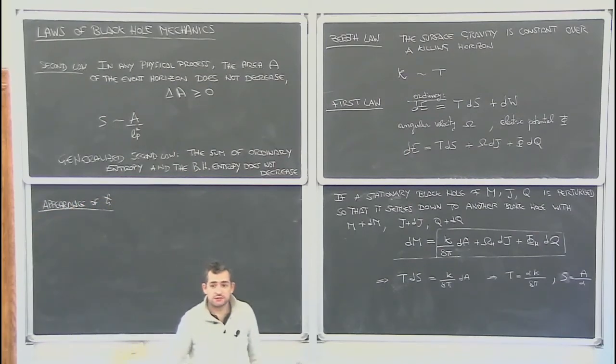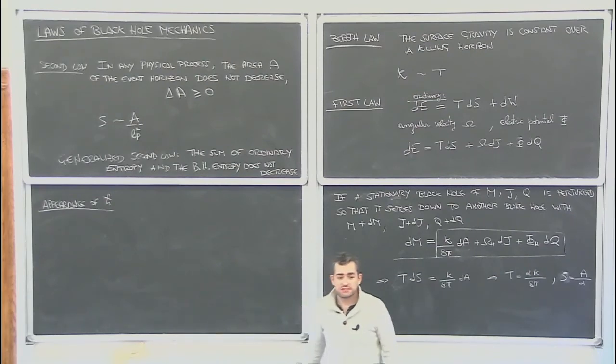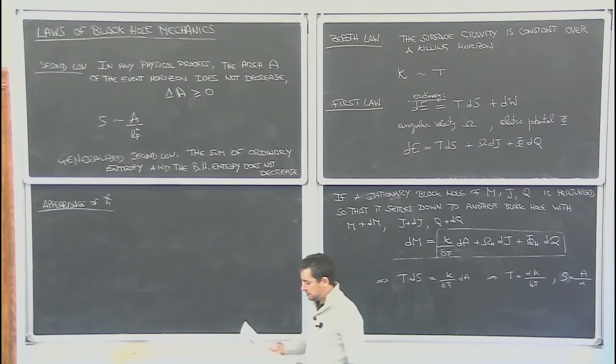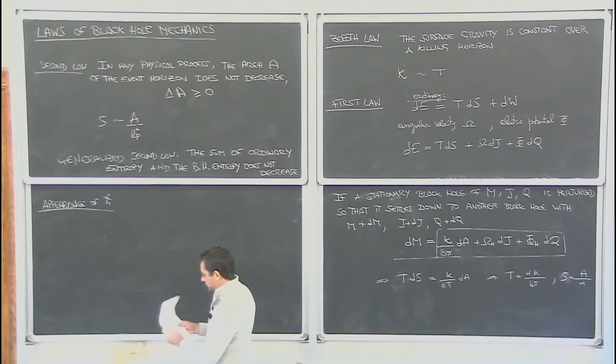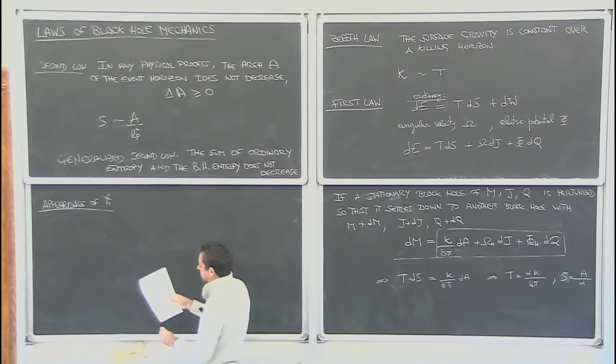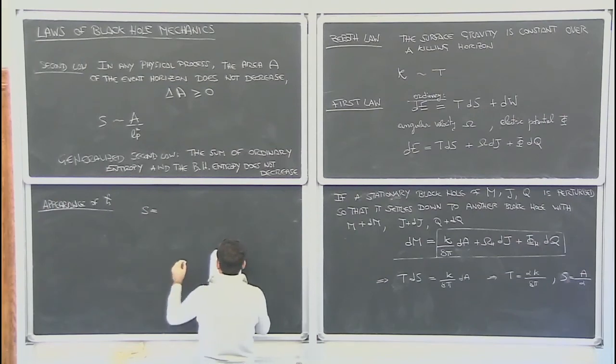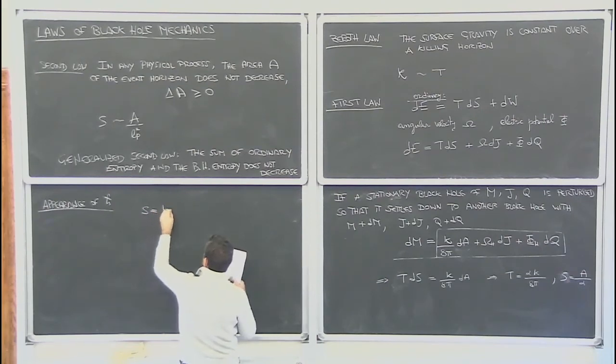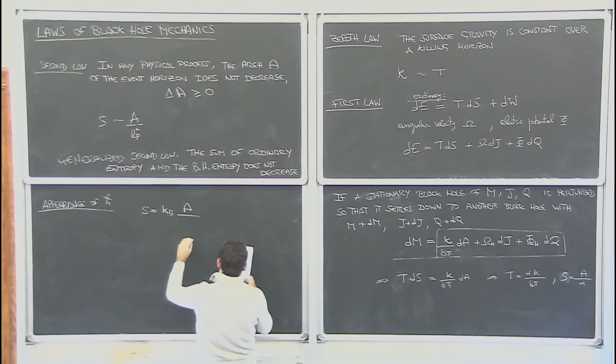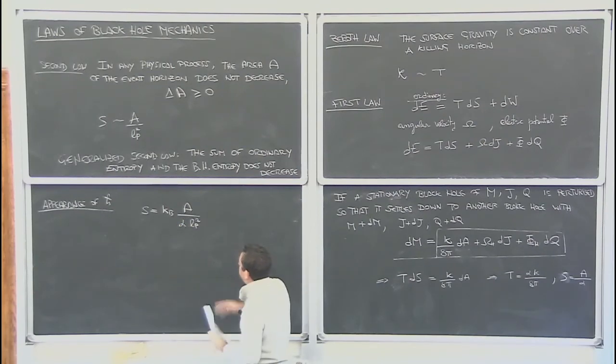Unless there are questions about what I just discussed. Well, this I can do very quickly because I already commented on that. If we reinstore the physical units, then we are led to conclude that the area cannot be directly the entropy.